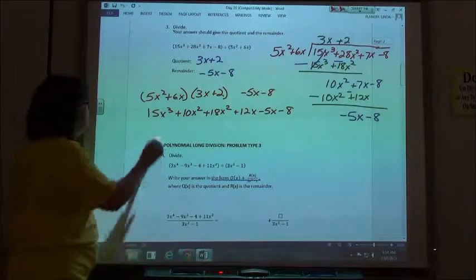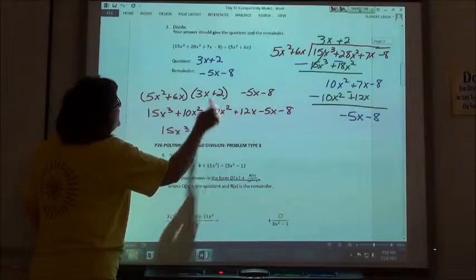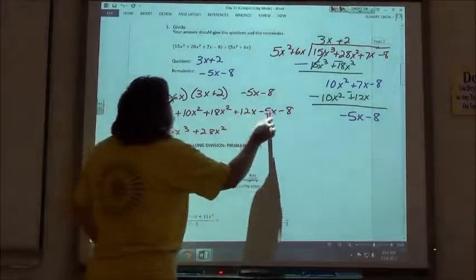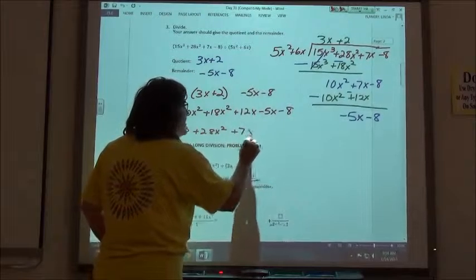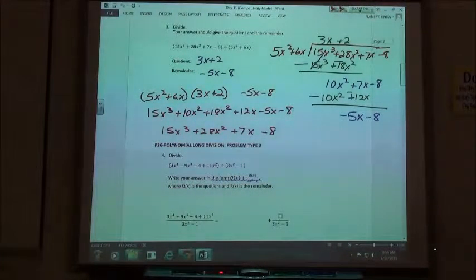Combining my like terms, 15x to the third, 10x squared plus 18x squared is 28x squared. 12x minus 5x is 7x minus 8. Hey, look at that. I got the same thing I started with. Checks out.